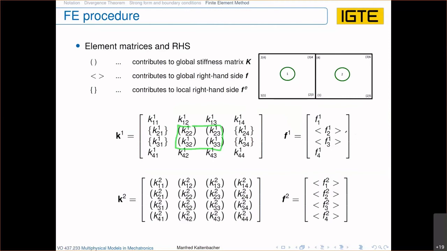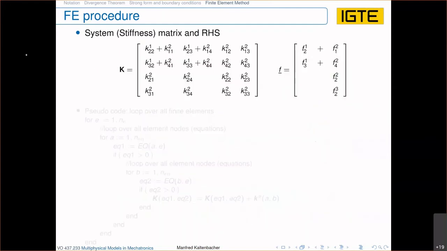Here it is exactly the same, that just these two will also enter your right-hand side vector, and here all entries will enter your right-hand side vector, because for the second element, for each node we have there, we have an equation, and therefore we will assemble. Okay, and that is how it will look like.